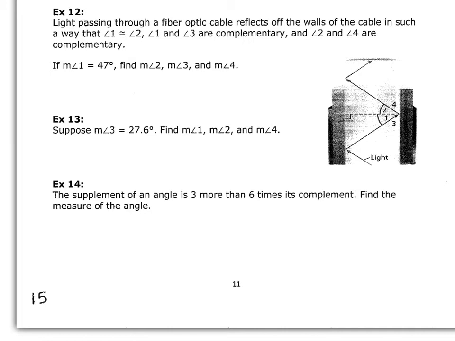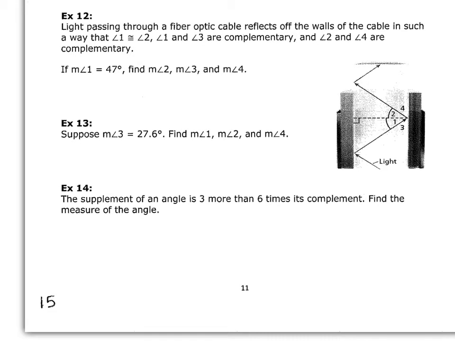Okay, so it says angle 1 is congruent to angle 2, so we know if measure angle 1 equals 47 degrees, then we know that angle measure 2 is also going to be 47. Okay? And then it says angle 1 and angle 3 are complementary.